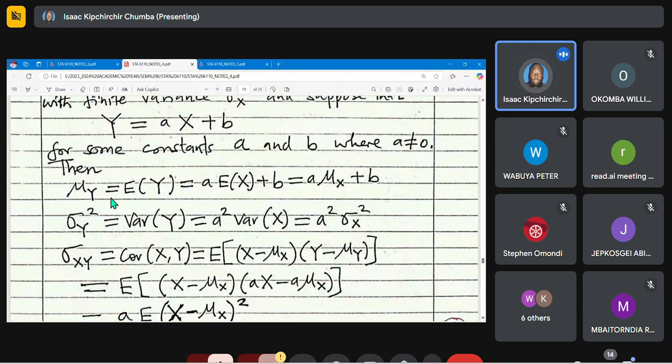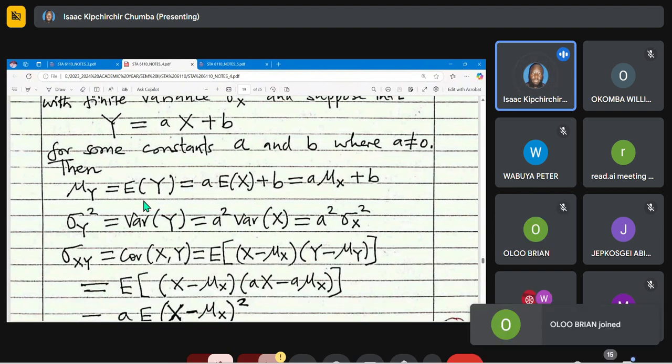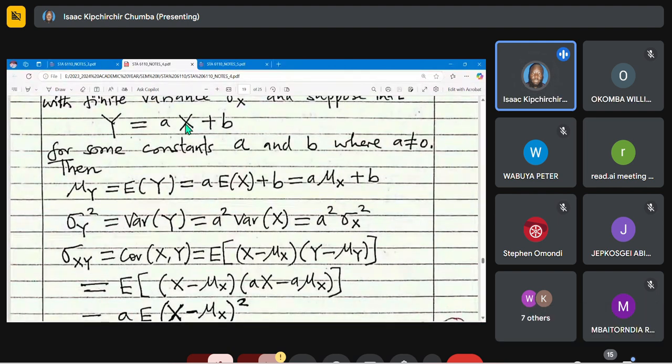Then you can have the mean of Y using the linear properties of expectation. So mu Y, our notation, the expected value of Y, by linear properties, is just a times the expected value of X plus b, but the expected value of X is mu X. Now let us also get the variance of Y, notation sigma Y squared, var of Y. Remember how we work out the variance for a linear function: we need to square the scale parameter, a squared var X, a squared sigma X squared.